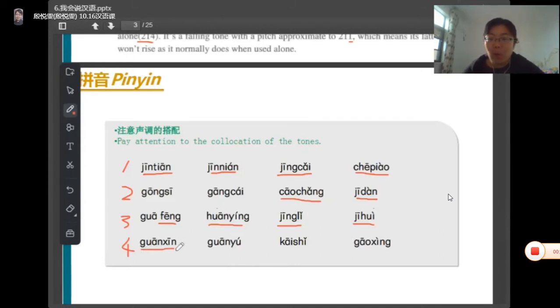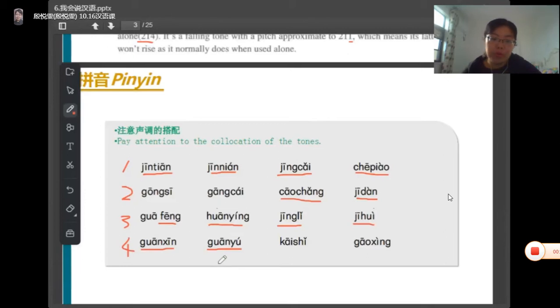关心 means care for. 关于 means in regard to or about.